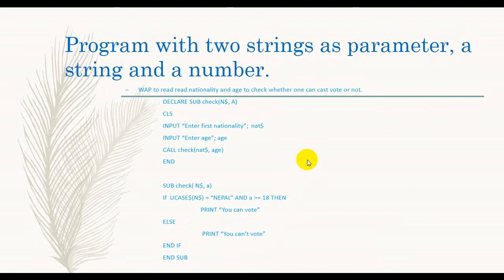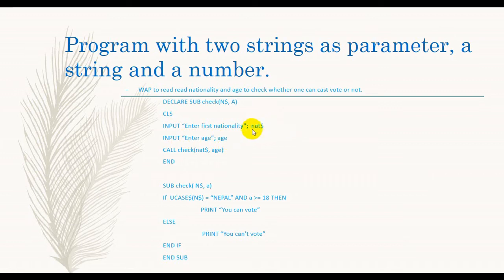And now let's see a program with string and numeric, both types of parameters here. So the question is saying we have to read nationality and age. That means one string and one numeric variable are to be used here, and check whether one can cast vote or not. So as we need nationality, we use here nat$ as string, and as we need age numeric, we use the numeric variable age here.